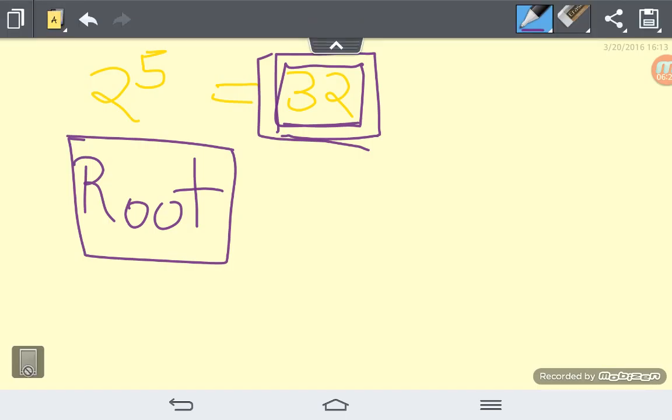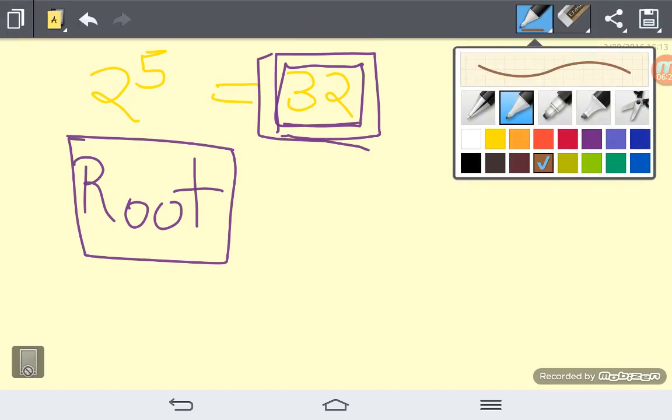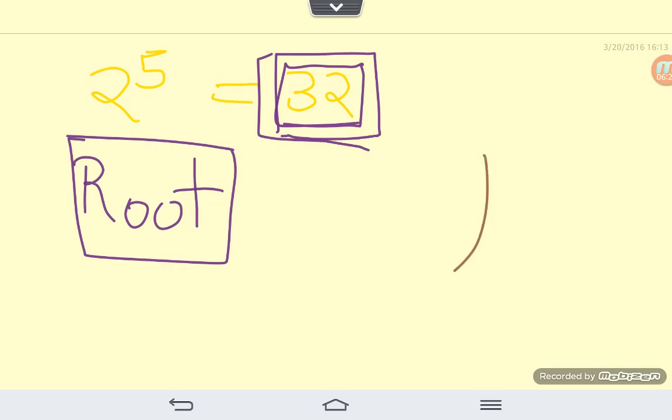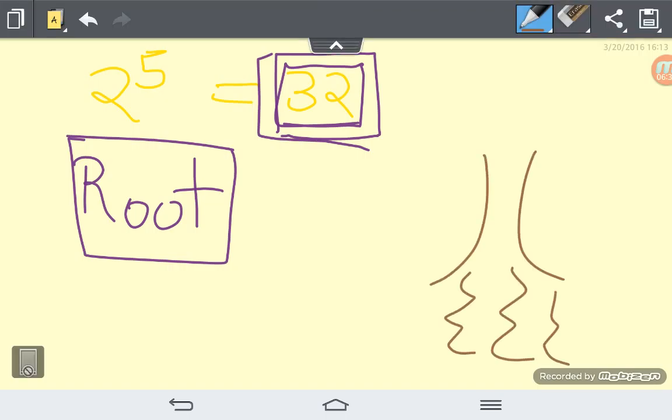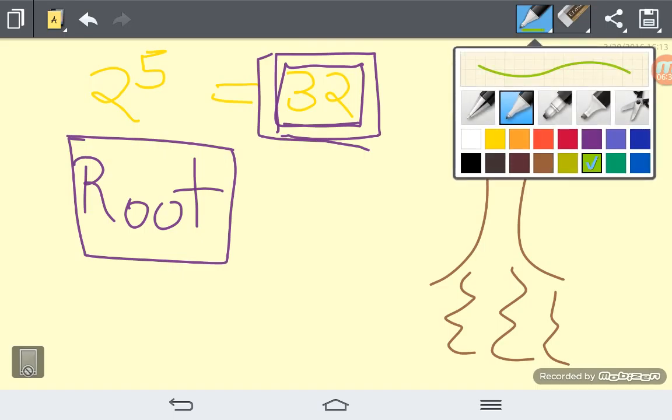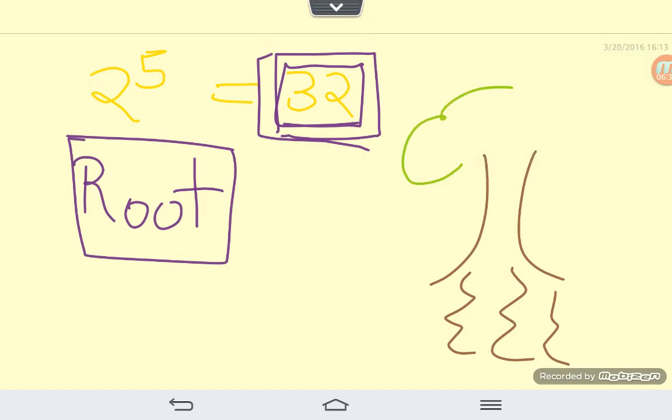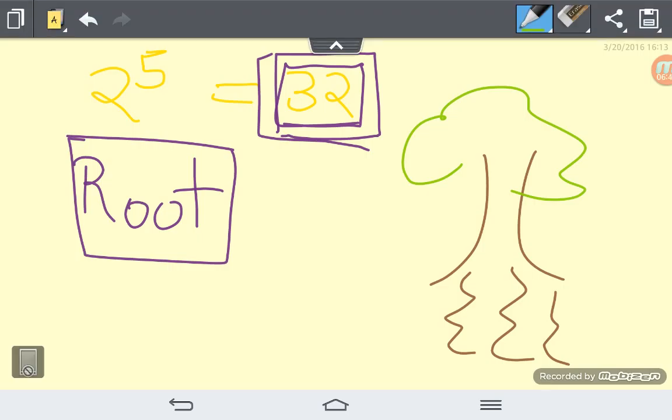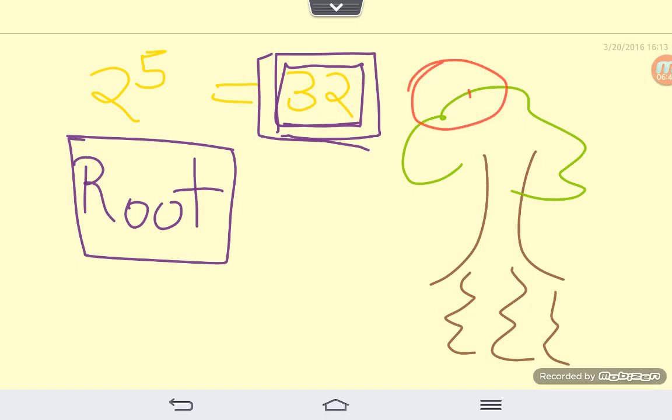So, what we have here is a tree, and these are the leaves. And what we have here, this is the root.